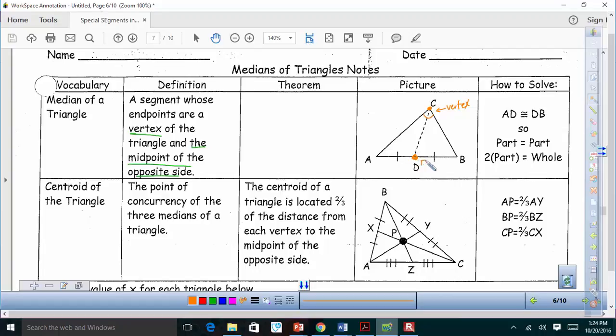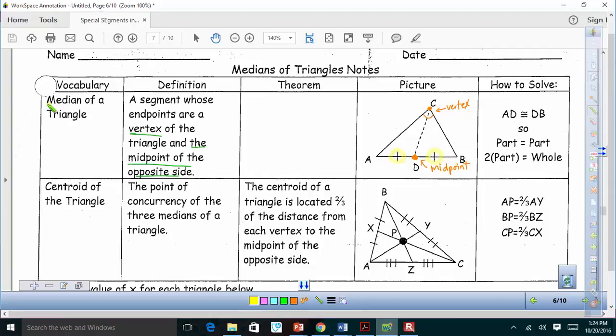So D is actually my midpoint, and it makes A to D congruent to DB. Okay? So all a median does is come down and make 2 equal parts.